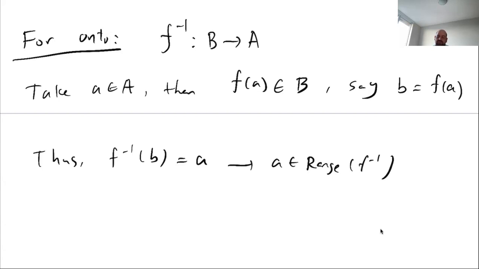If f inverse of b is equal to a, means a is in the range of f inverse, right? That's the meaning of the range of a function. And that means f inverse is onto, because we showed that every element in the codomain belongs to the range of the function, therefore the function is onto. That's it.